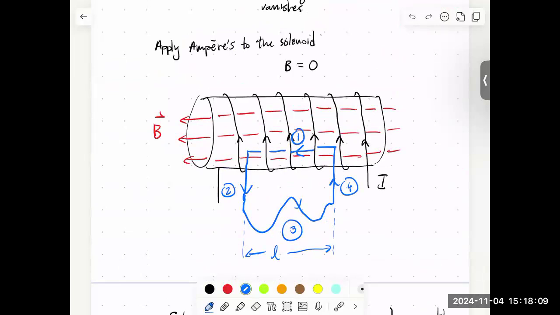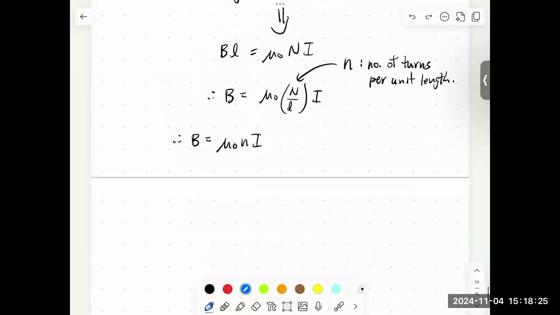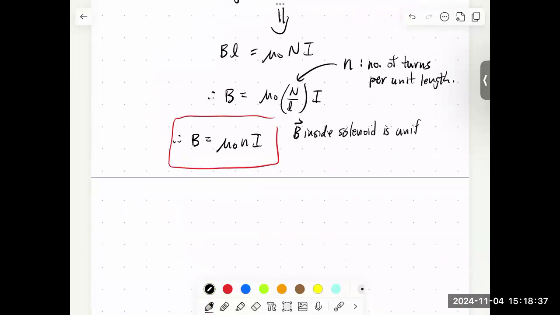Or if I picked path 1 to go right through the center of the solenoid, nothing would have changed in the calculation. And so what this tells us is that inside the solenoid, the magnetic field is uniform, which is very convenient. So B inside the solenoid is uniform.